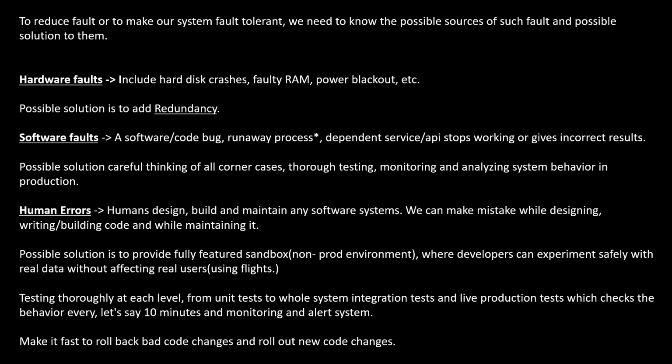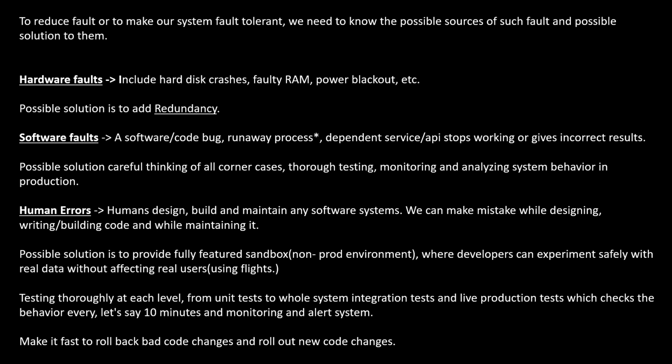And if something goes wrong, it should notify us that the system is not performing at a reliable rate, at a good success rate, and something needs to be checked, corrected, and fixed. So similar to software faults, with human errors as well, we can think of different scenarios which can lead to such failures.